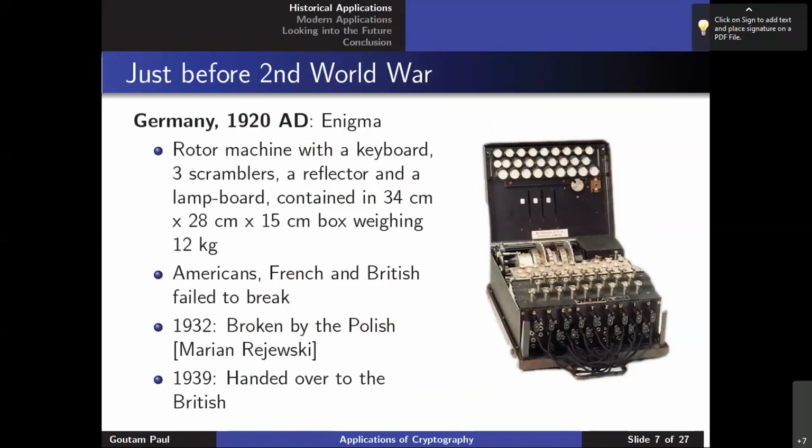So it scrambles the data, then a reflector and a lamp board to visualize. It was contained inside a box. Americans, French, and British together tried to break the system, but they were unsuccessful until 1932, when it was broken by a Polish mathematician called Marian Rejewski. And finally, in 1939, they handed it over to the British.